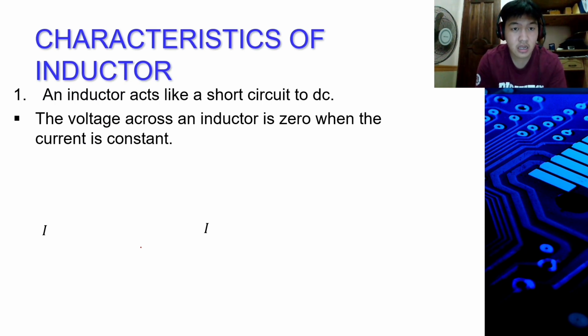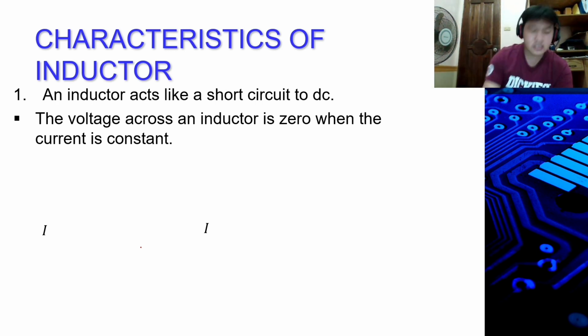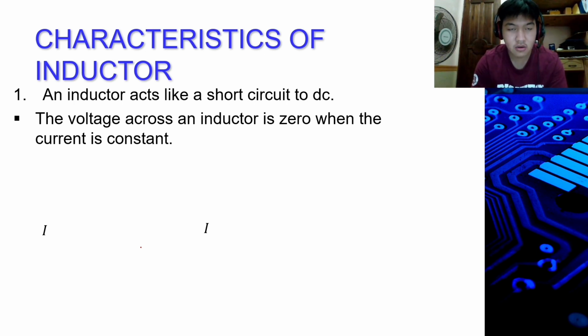So the characteristic of an inductor: an inductor acts like a short circuit to DC. The voltage across an inductor is 0 when the current is constant. So if the equivalent of a capacitor in DC is an open circuit, the inductor is a short circuit in DC.